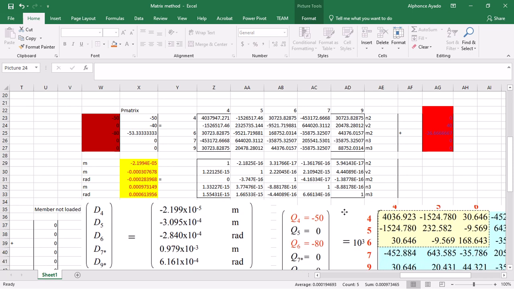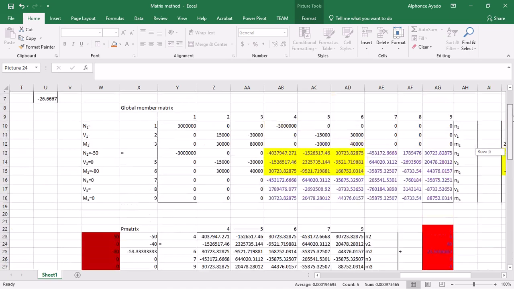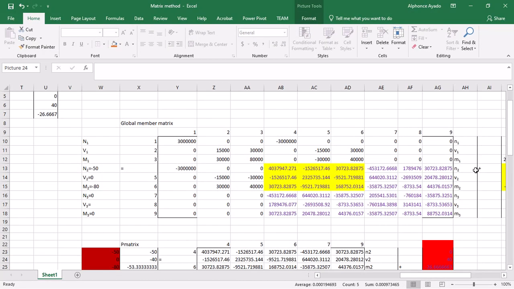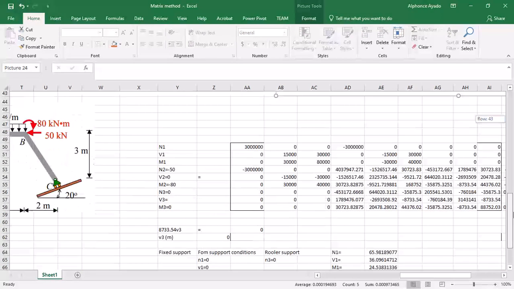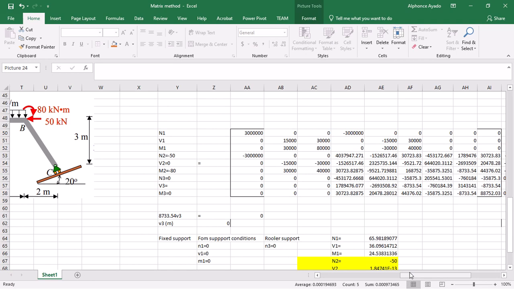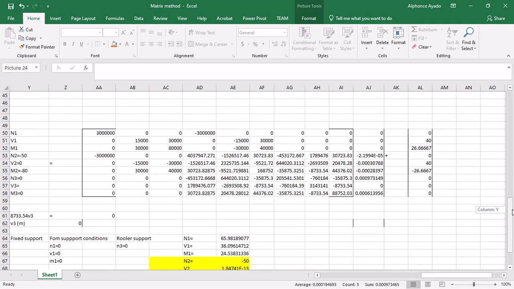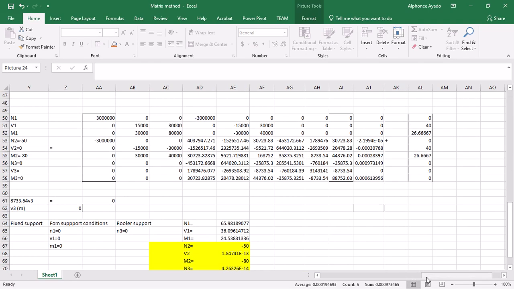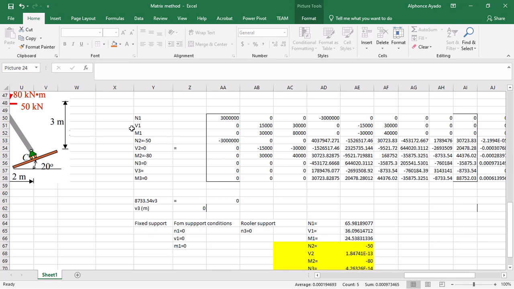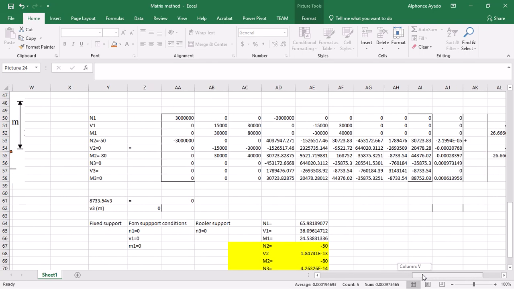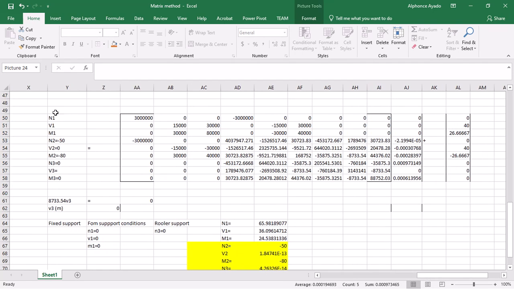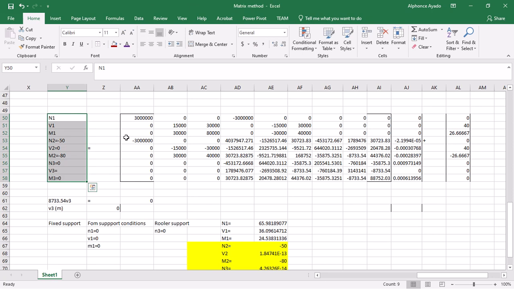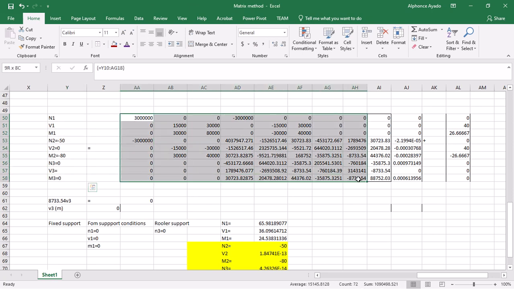So then once you solve the indeterminacies, you can take them back into the global matrix equation as shown down here. So these are the reactions. This is the global stiffness matrix.